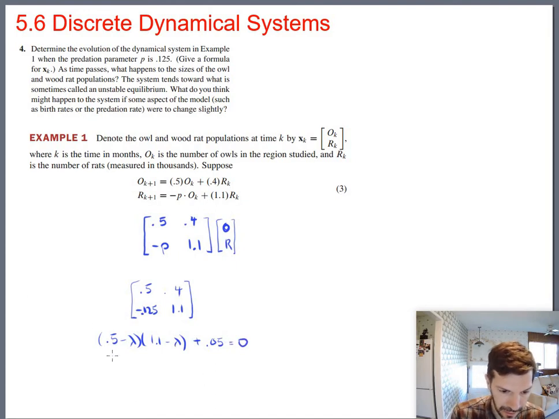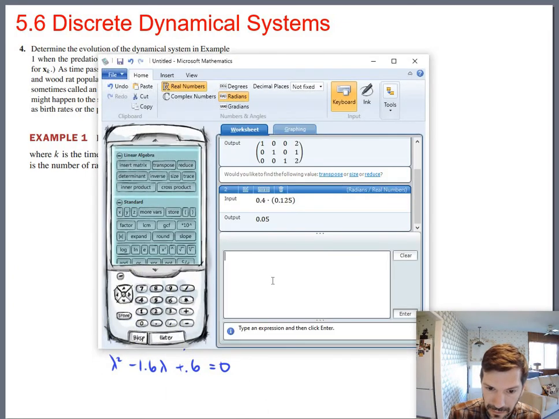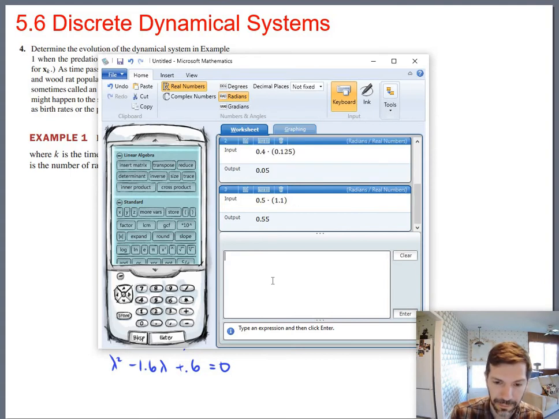And multiply this out, so we get lambda squared minus 1.6 lambda. 0.5 times 1.1 is 0.55 plus 0.05 is 0.6. I believe I'd better check my arithmetic there. Okay, yep.